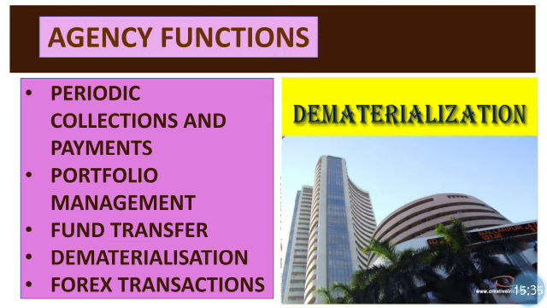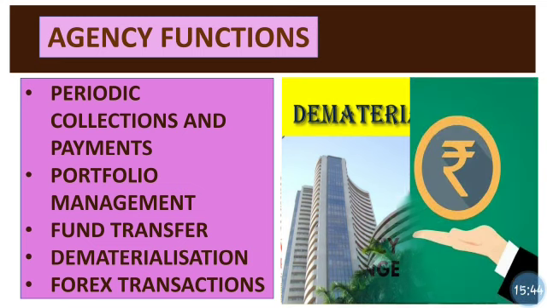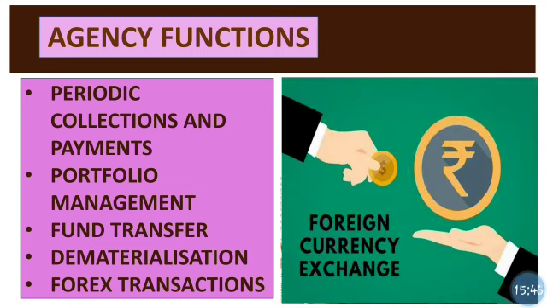So for them, a dematerialization facility is available in commercial banks. Forex transaction, that is foreign exchange transaction. A bank may purchase or sell foreign exchange on behalf of its clients. Sometimes clients need it for overseas transactions.